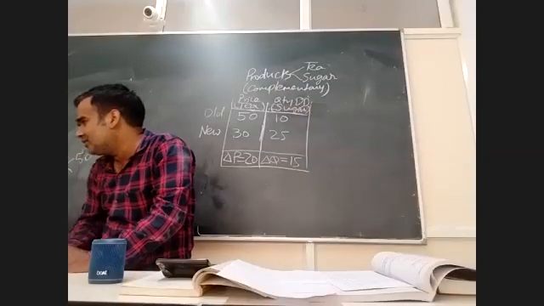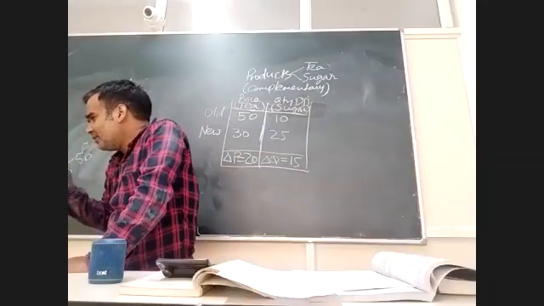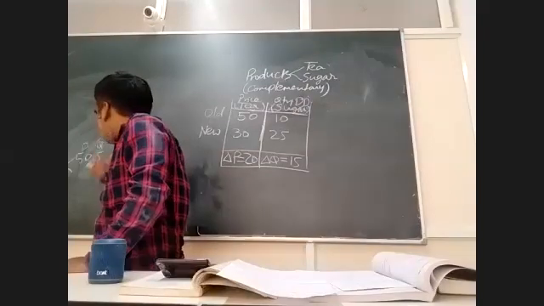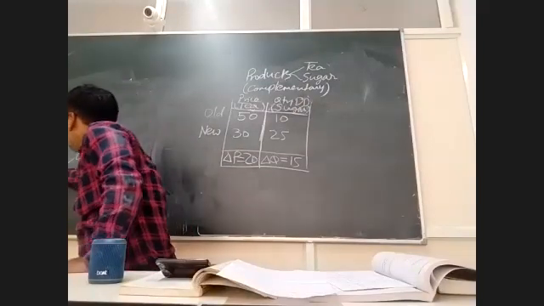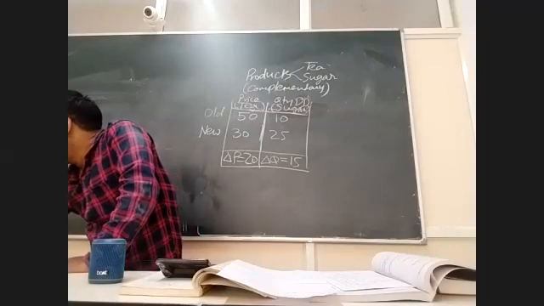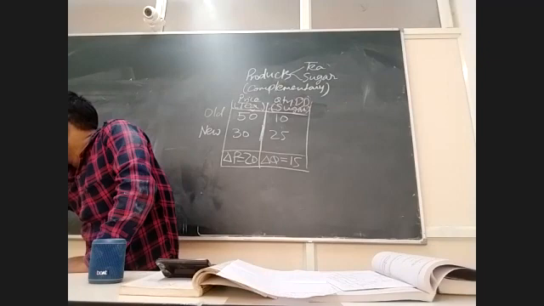Price of tea is 30. Demand is 5 kg. Quantity is 5 kg. Tea and the price of coffee rises to 25.